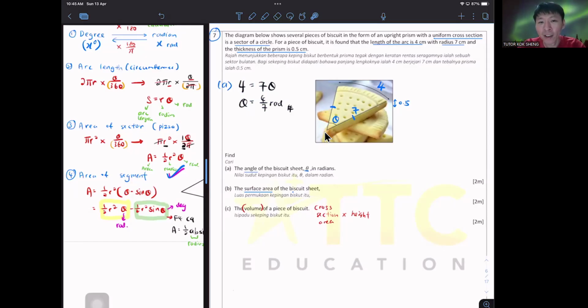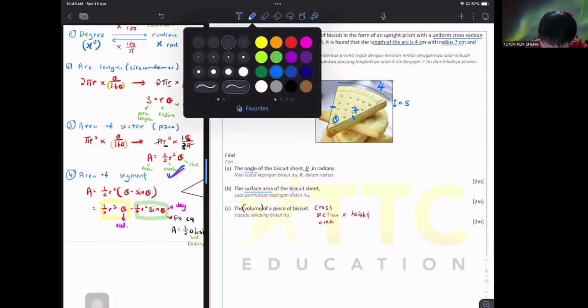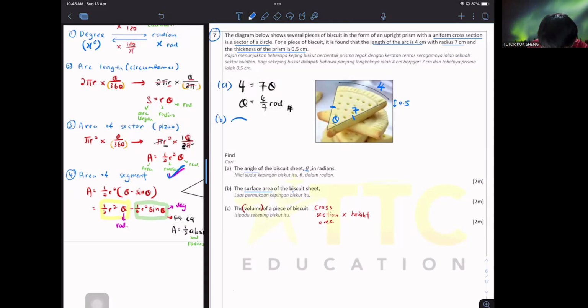You got 2 sectors, one on top, one at the bottom, followed by 2 rectangles, 2 same rectangles, and the last one is also a rectangle, but of a different size. Not sure you can see or not. Got 5 surfaces for this biscuit.